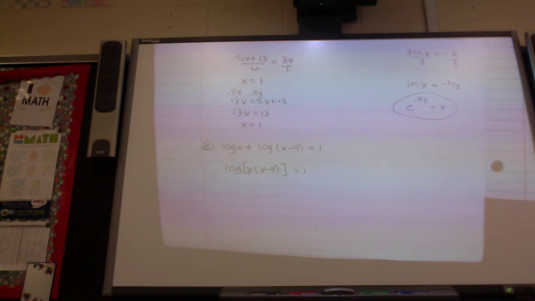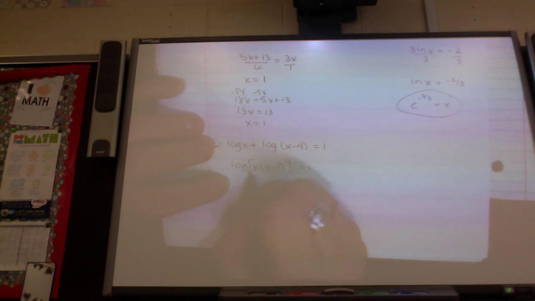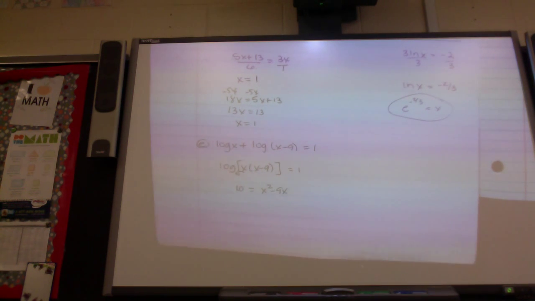Now what? Can I apply the definition? Yep, this has base 10. So 10 equals x squared minus 9x. What happened to the 1? It's 10 to the first power.